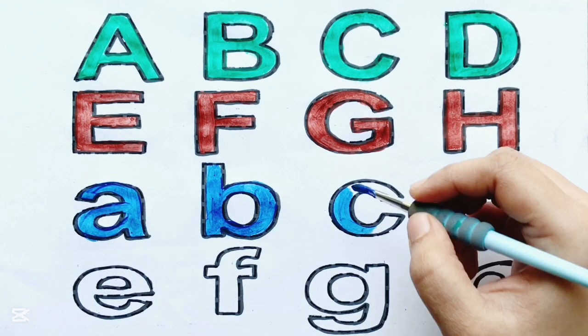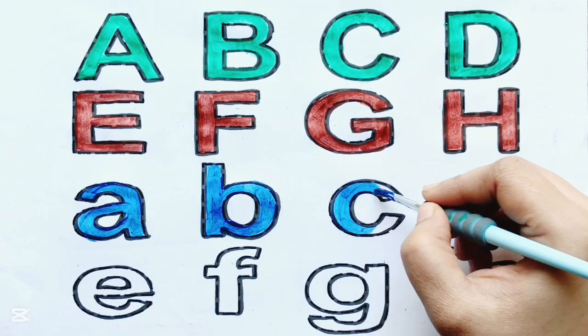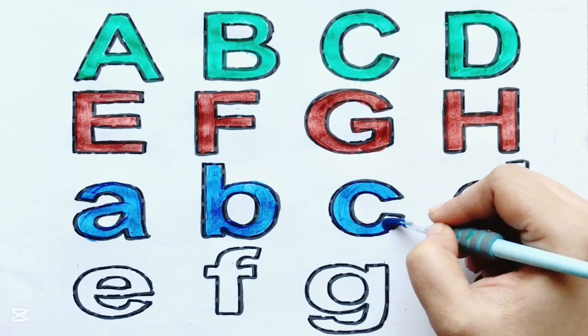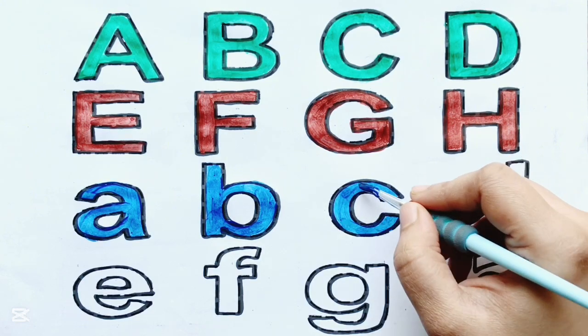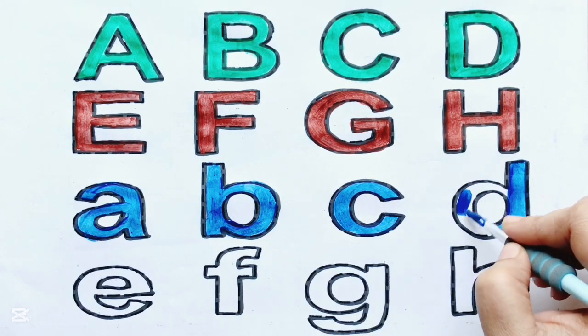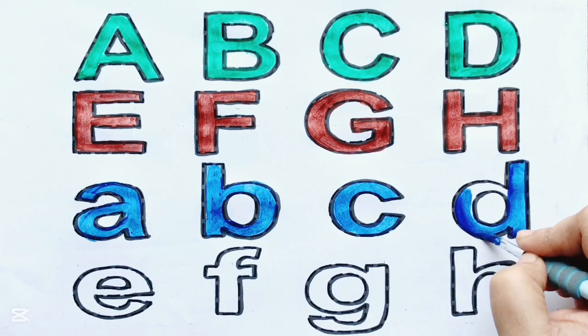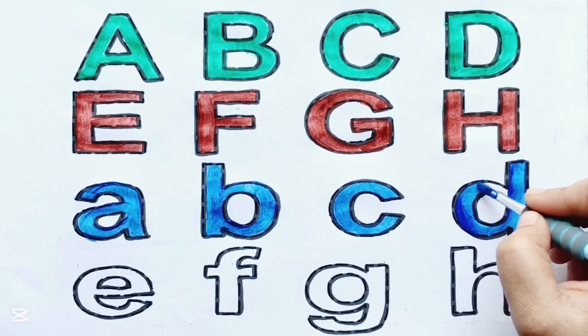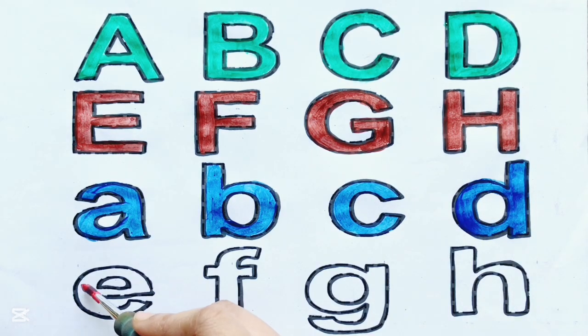Alligator, ant. D for dog. Angel, address, animal, answer, April, autumn, ambulance, airplane, arrow, alligator, ant, amazing art.